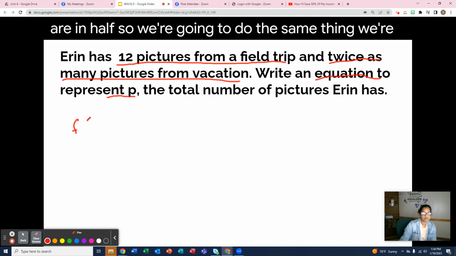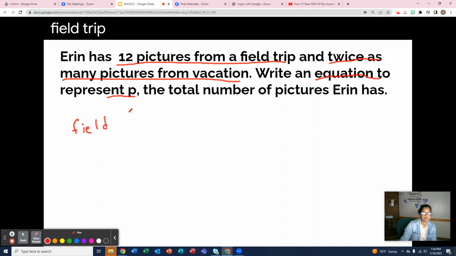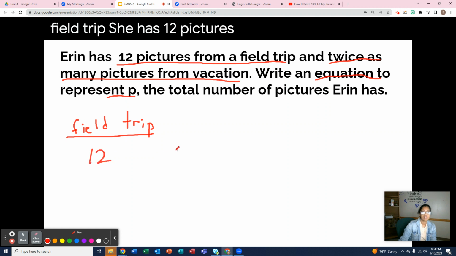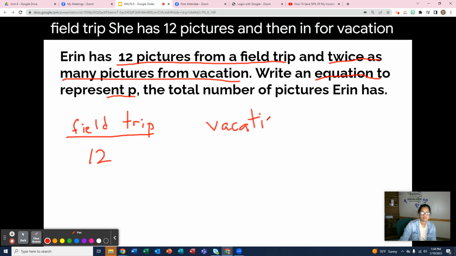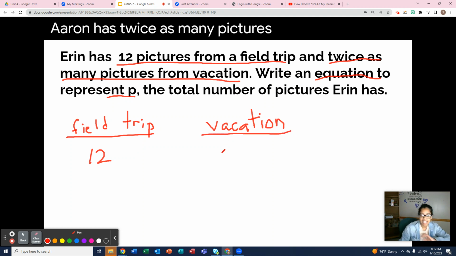I'm just going to put down field trip. She has 12 pictures. And then for vacation, Aaron has twice as many pictures from vacation.